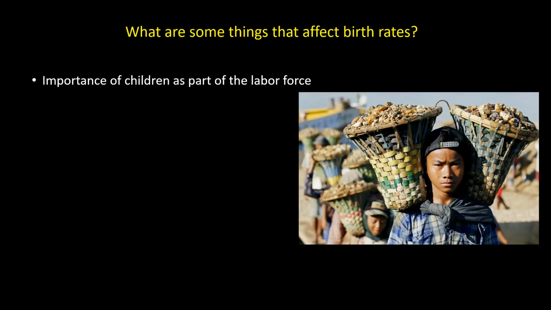In many third world countries, children are a necessary part of sustaining a family's source of food and income. In some nations, children are expected to help farm, find food, or work to support the family income. In these countries, birth rates are high because children are a necessary part of ensuring that the family survives.